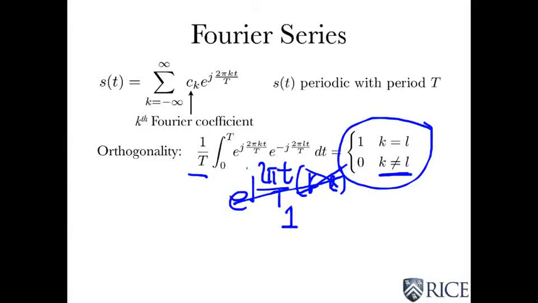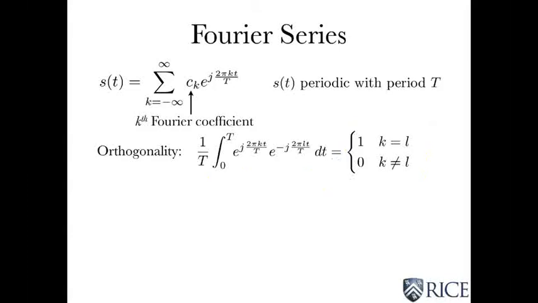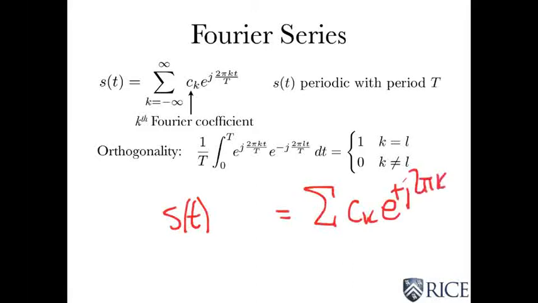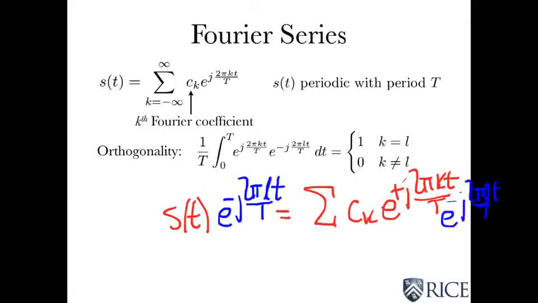So suppose I take my expression for s of t, and I'm going to multiply both sides now by that, and integrate. Well, we know over here what happens.